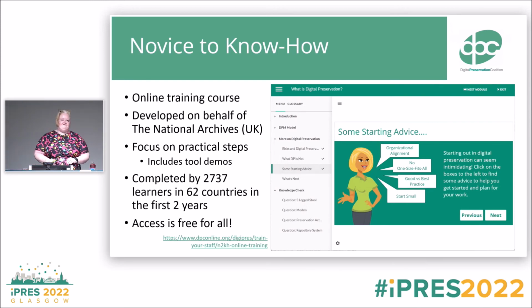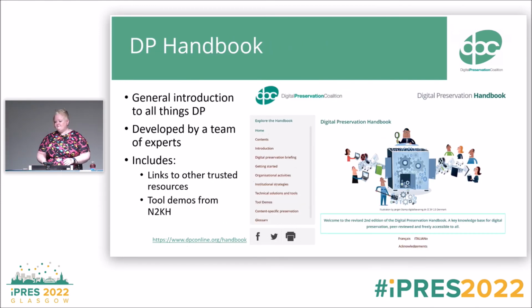We currently have quite a lot of capacity for sign-ups, so if you know anybody at your organisation who might be interested to do it, then I'd really encourage them to sign up soon, because we are looking at rolling out more online training in the near future, and that's going to start reducing the amount of spaces that we have available for Novice to Know-How. So get in there now, freely available to anybody, not just DPC members.